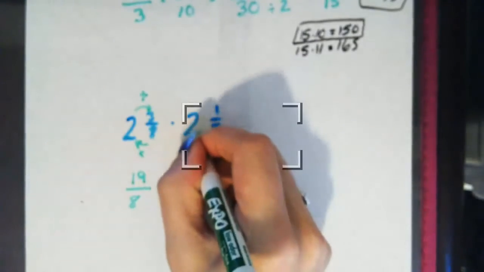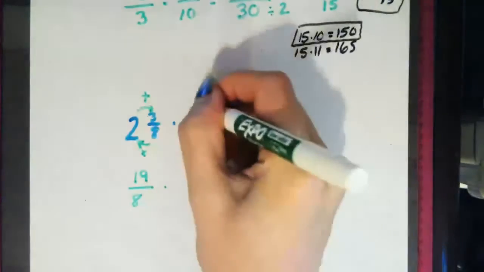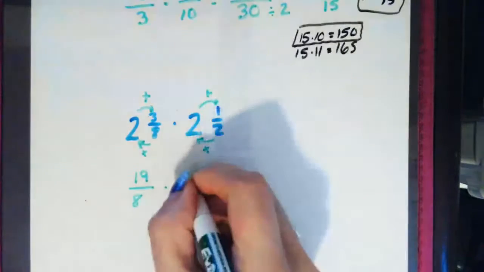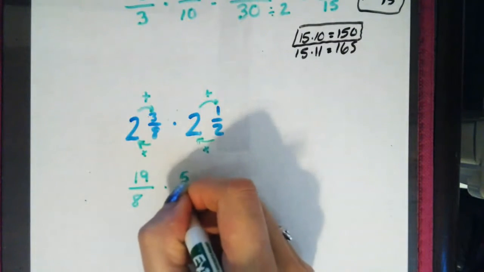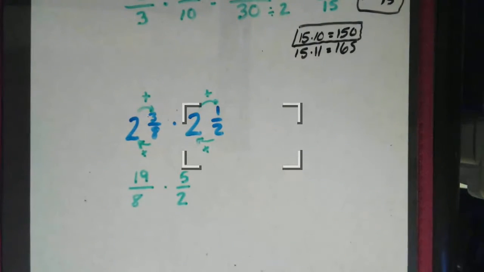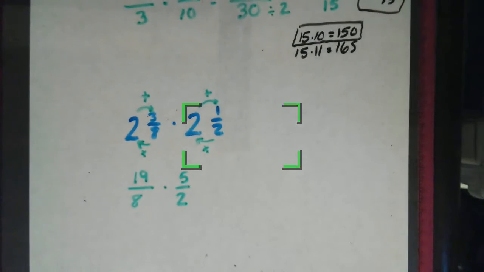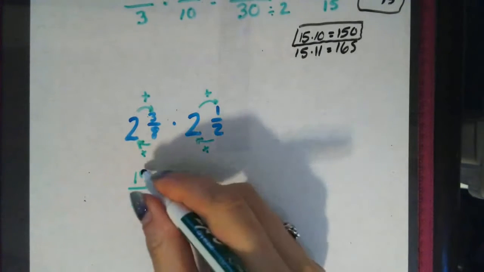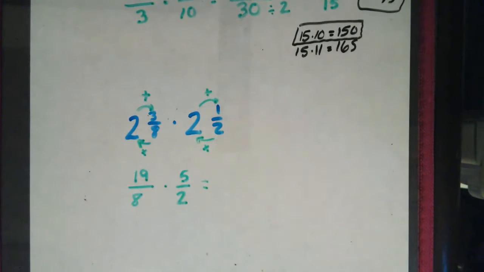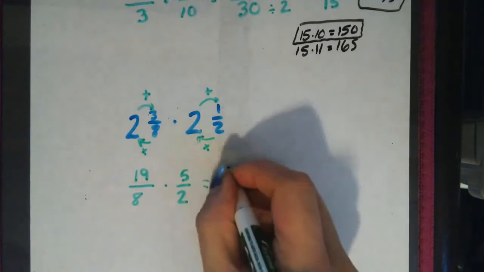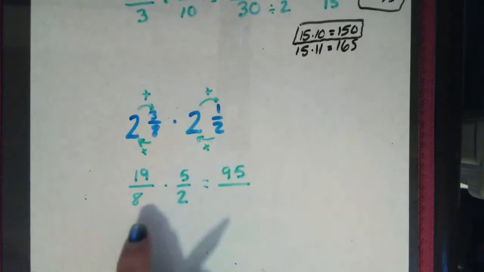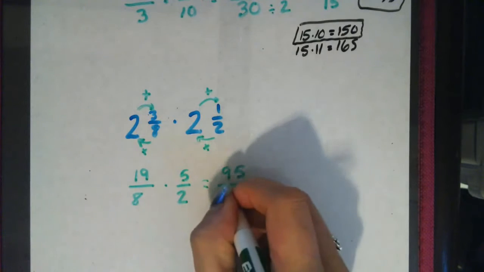Times 2 times 2 is 4. Adding 1 is 5. So I'm multiplying that by 5 over 2. I'm going to multiply straight across like I did last time. So I get 19 times 5. That's 95. And then 8 times 2 is 16.